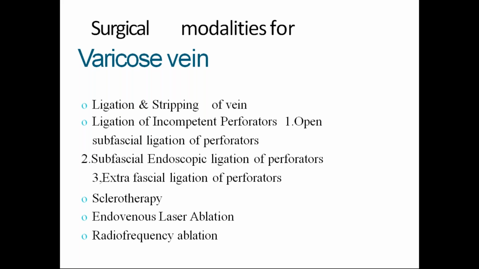Now coming to the surgical modalities of varicose veins. First is ligation and stripping of the involved vein, either the great saphenous vein or the short saphenous vein. Next is ligation of the incompetent perforators. There are many methods to ligate incompetent perforators: open subfascial ligation, endoscopic ligation, and extrafascial ligation of the perforators.